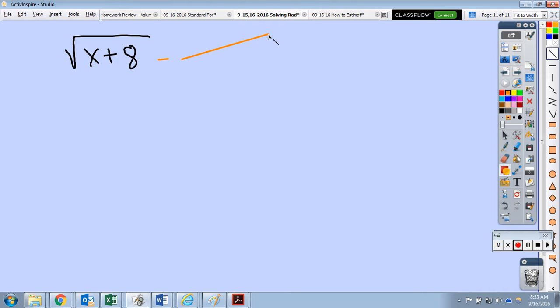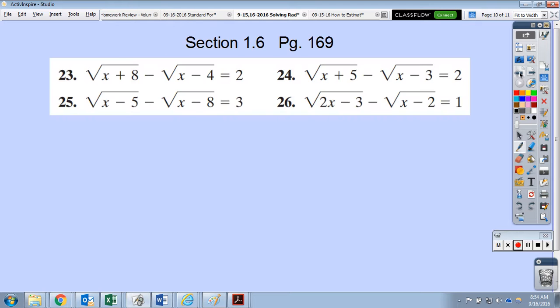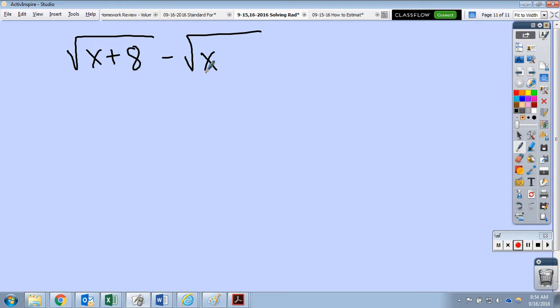What was the thing? Hold on just a second. This is section 1.6 in the textbook. Yeah, we're on 1.4, so we're at 1.6.